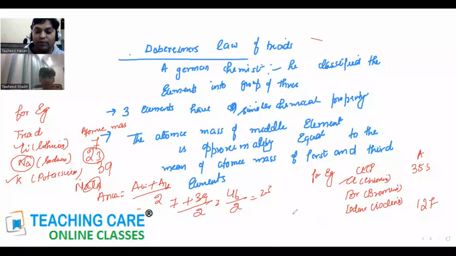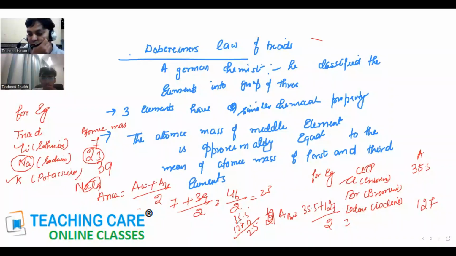So the atomic mass of bromine must be the arithmetic mean: 35.5 plus 127 is 162.5, divided by 2 gives 81.25, or about 81.2.